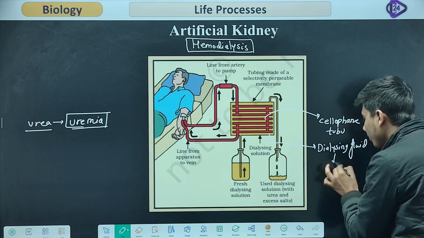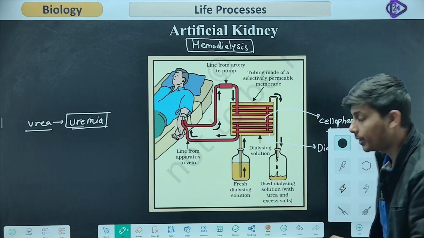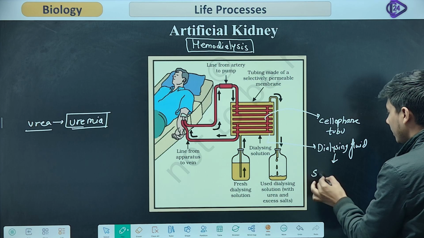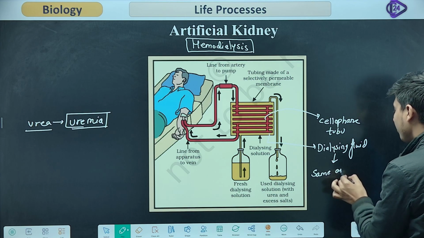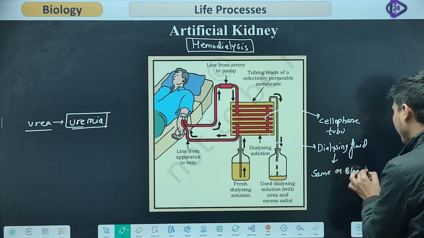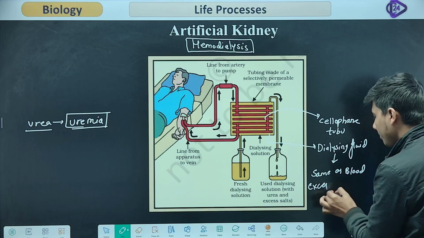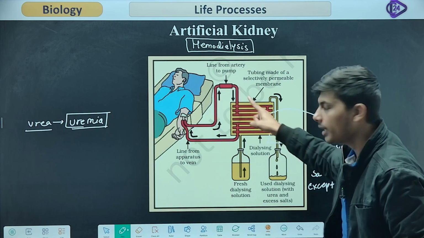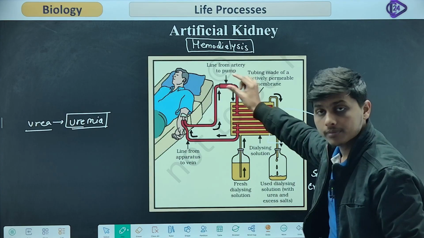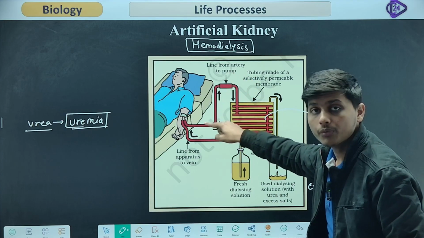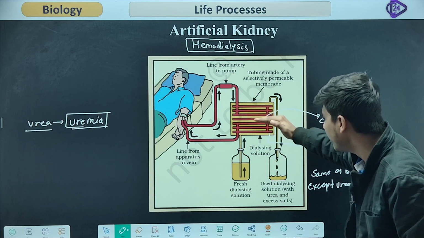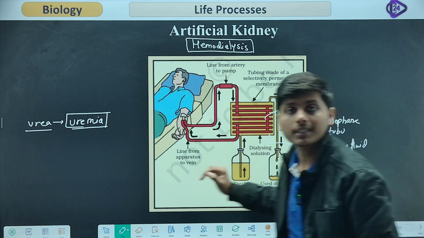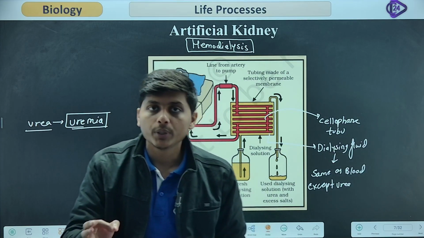The composition of the dialyzing fluid is the same as blood, except urea. The blood coming into this machine has a very high amount of urea present in it. But in this dialyzing fluid, everything is present like blood, except urea.